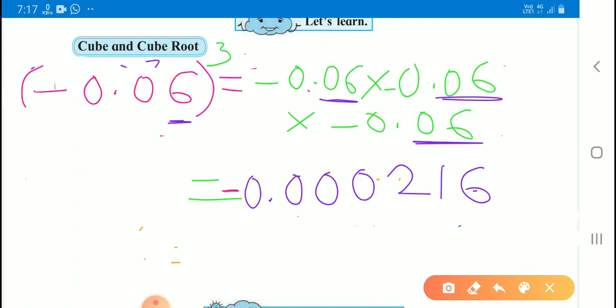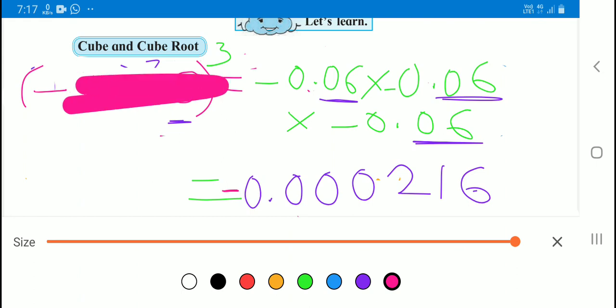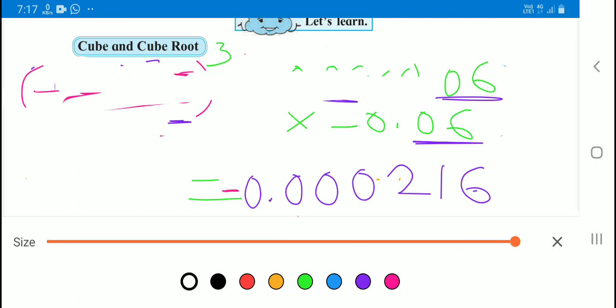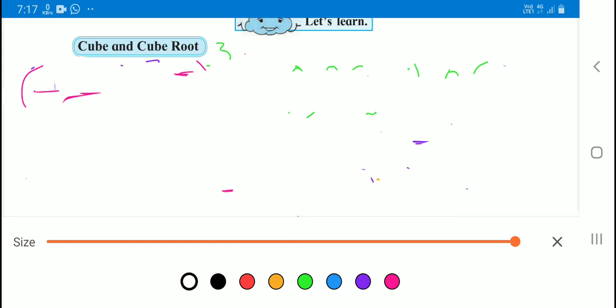Now one more example we will see, that is we will find the cube of another type. That type is fraction only. This we had seen the decimal fraction examples. Now we will see the examples.